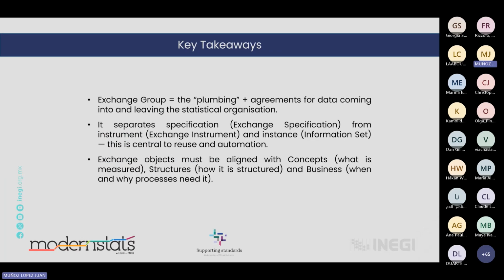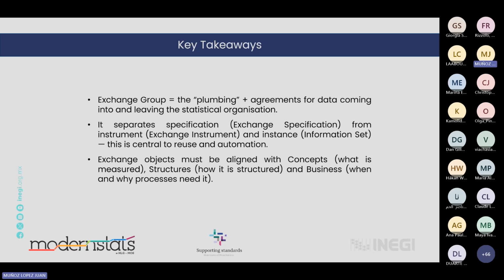Well, to wrap up, I would like to put forward three key points about the exchange group. First, it acts as the plumbing for data coming into and leaving our organization, along with the agreements that govern that flow. Second, its central idea is to separate the design from the tool and the actual data itself.